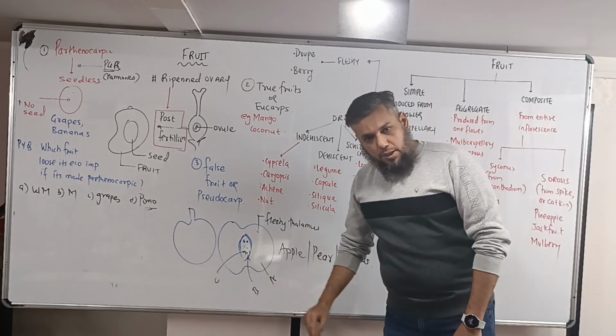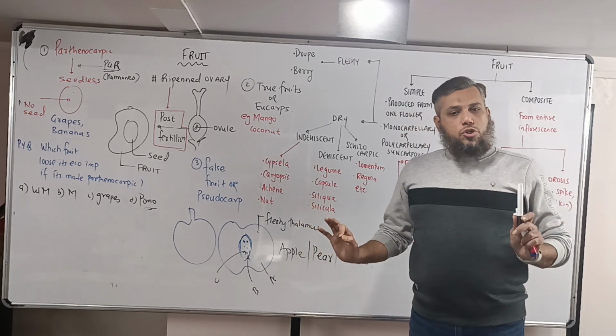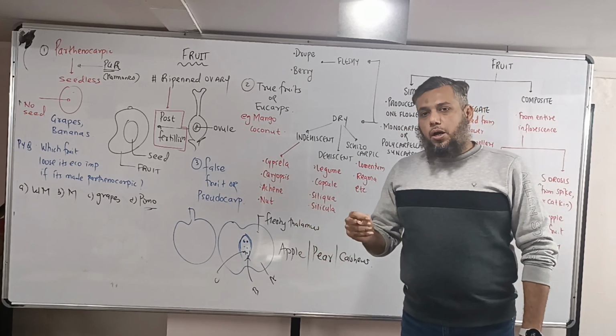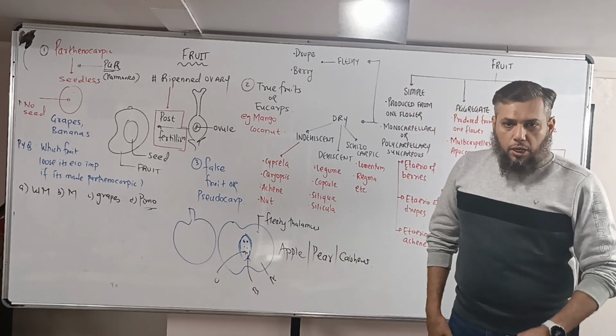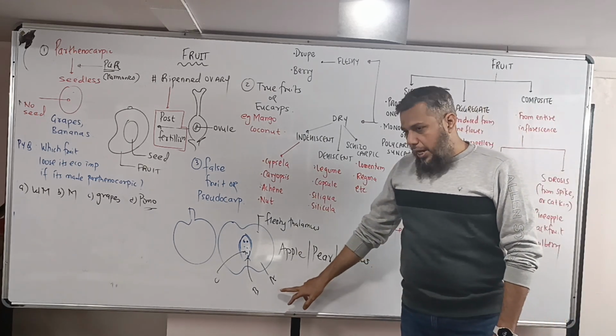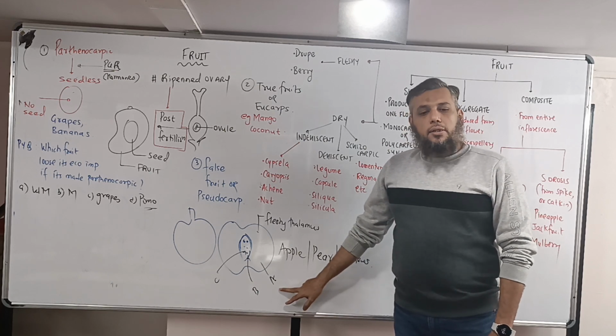A, B and C are unlabeled. Give me your answer. A, because A is the unlabeled part which will be called the thalamus.